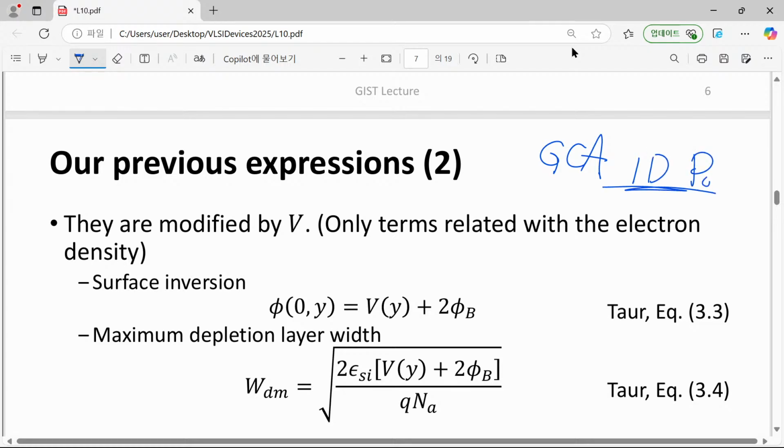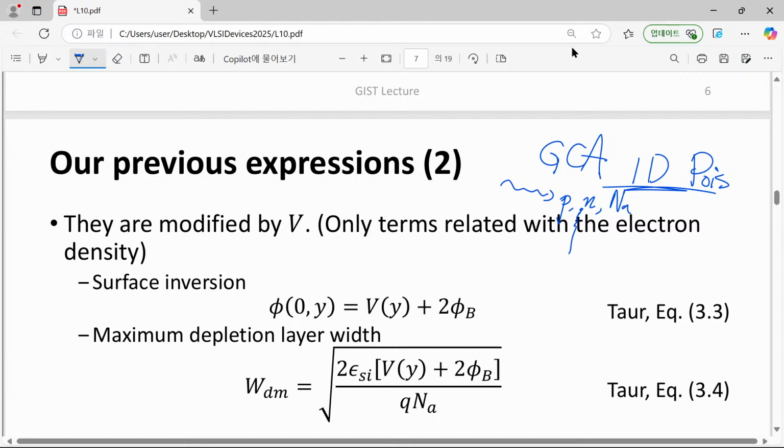And in this 1D Poisson equation, we have to consider hole density, electron density, and Na, and integrate them. But hole density is not affected because hole density is governed by just the substrate voltage. But electron density can also be affected by drain and source. It is obtained by a compromise among them.